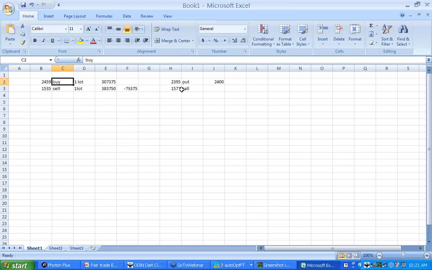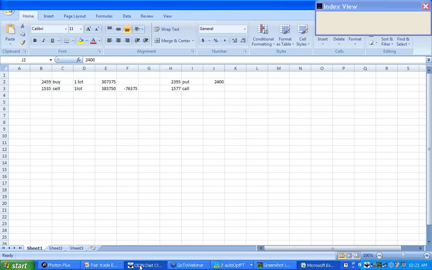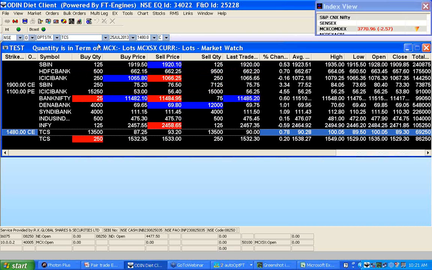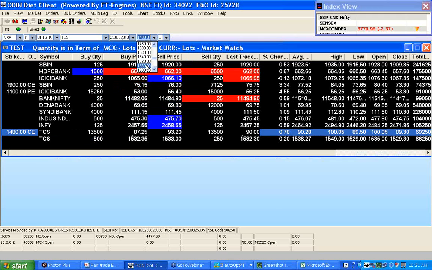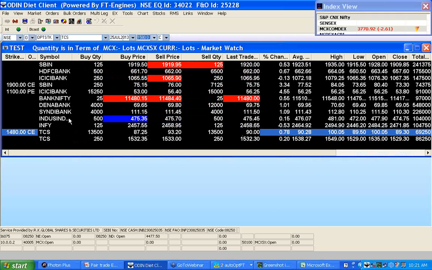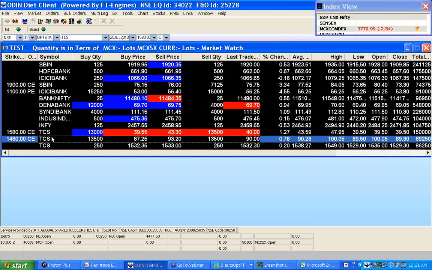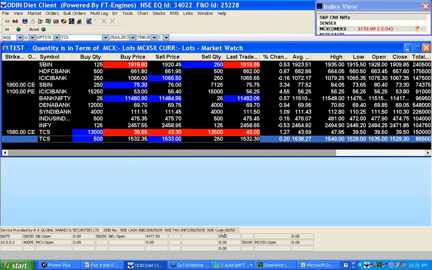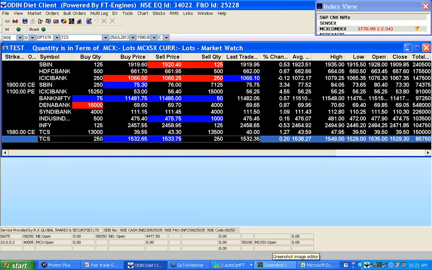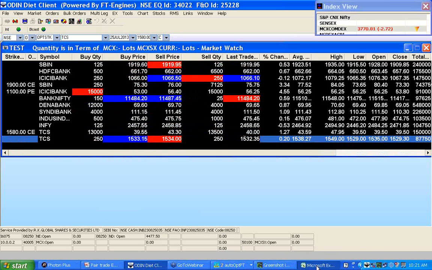We bought this, and to protect this future we are buying a put option at 2395. So 2400 will be the nearest strike. For TCS, a 1580 call option at the price of 40 rupees, say.